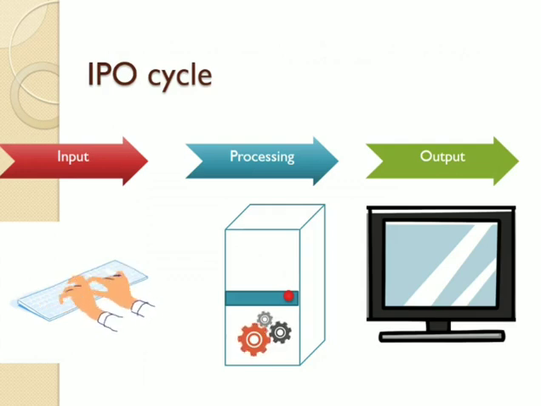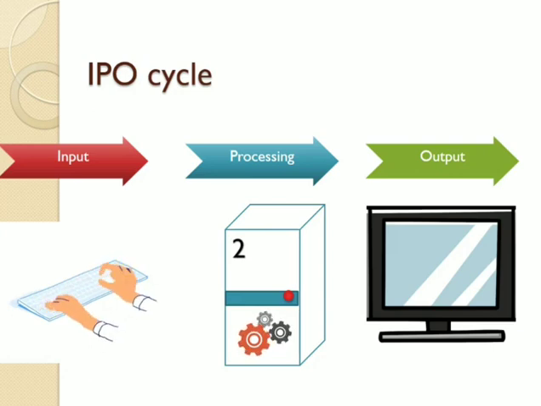Now let's learn how a computer actually works on the IPO cycle. In the IPO cycle we have three parts: input, processing and output. Let's take an example of adding two numbers using the keyboard.